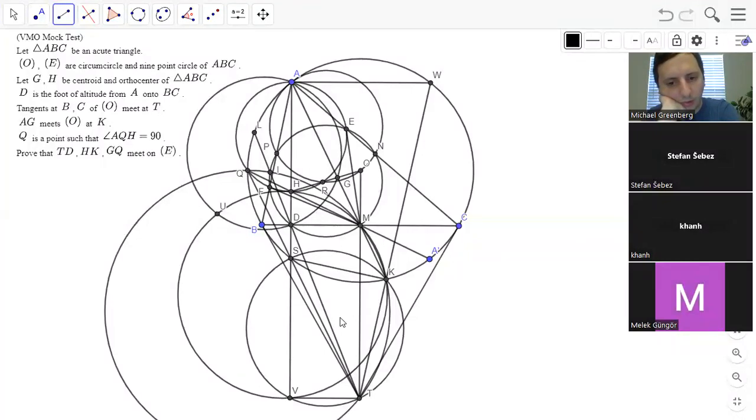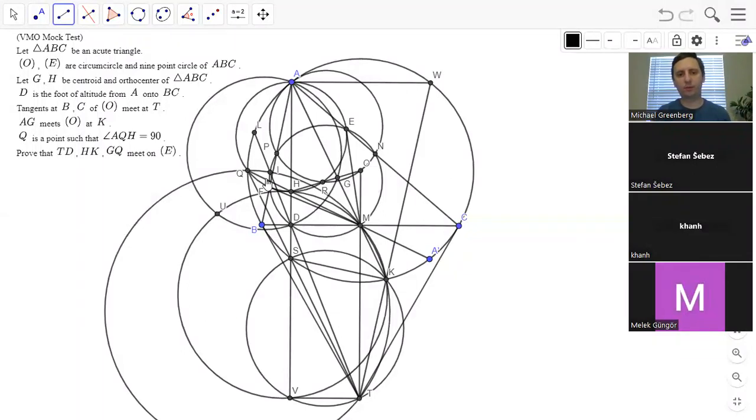Okay. So SKTV is cyclic, and we can show that SKT is 90 degrees, I think. Yeah. So either way you can prove it, however you define V.